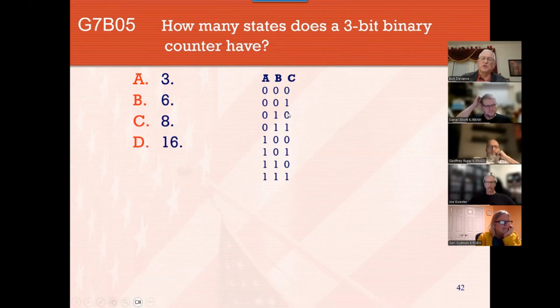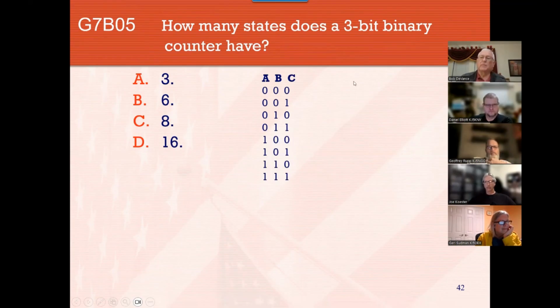And then you'll notice we're just flipping these bits back and forth and going from right to left. So this would be a value of 2. A value of 2 plus 1 is 3. A value of 4, 2 squared. A value of 4 plus 1, 5. A value of 4 plus 2, 6. And all 3, 4 plus 2 plus 1, being 7.